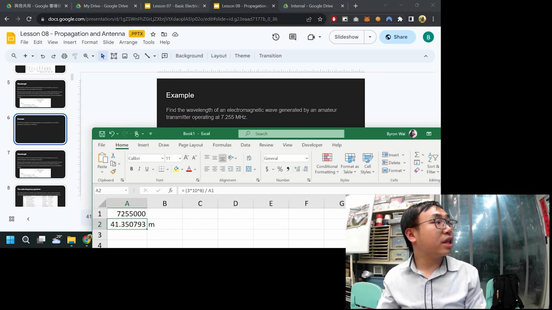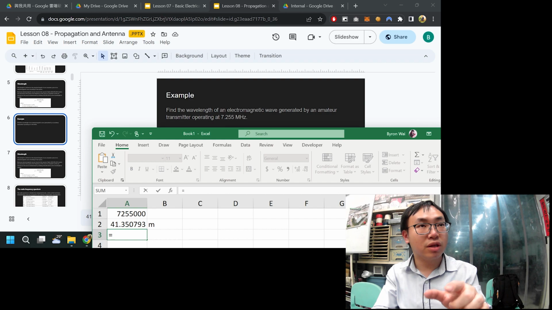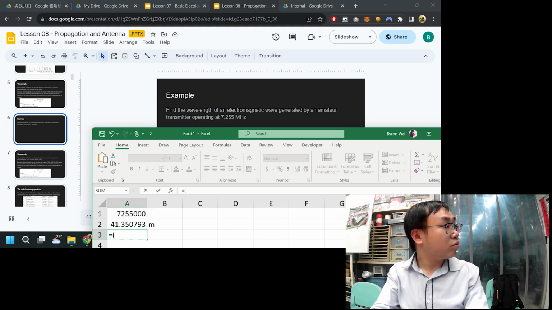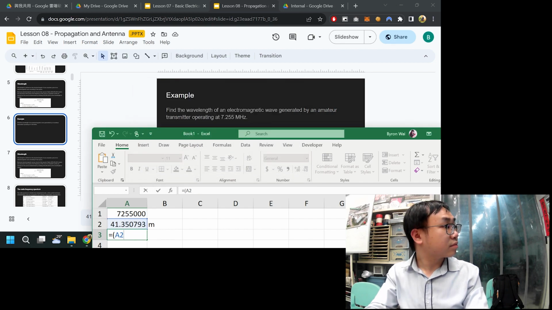Okay, so if they give you the wavelength, you can just do the same. I can just set up the equation. What is the frequency of a 41 meter wave? It will be 3 times 10 to the power 8 divided by this number.